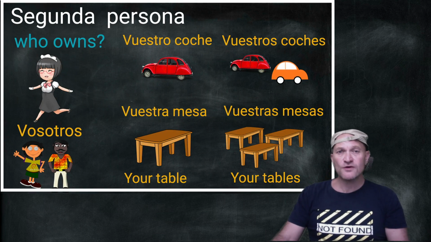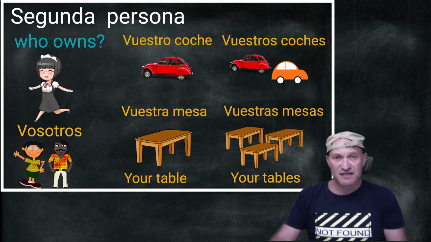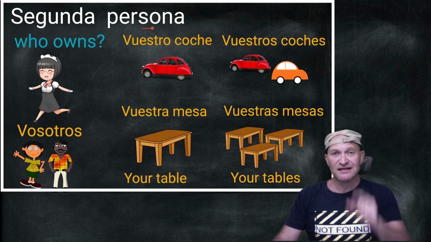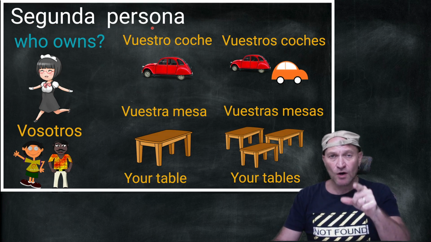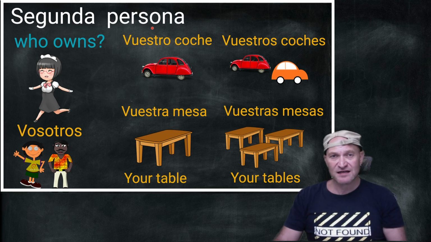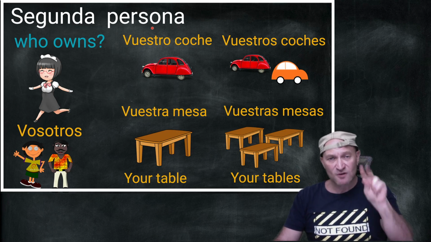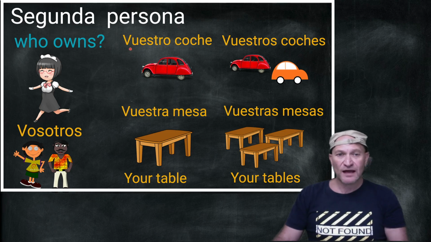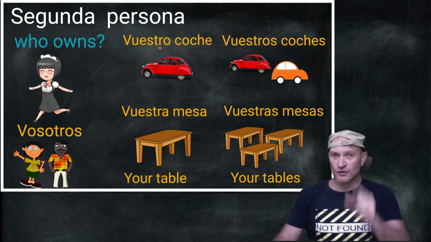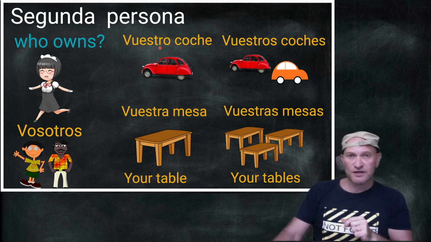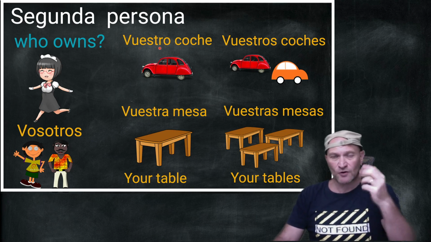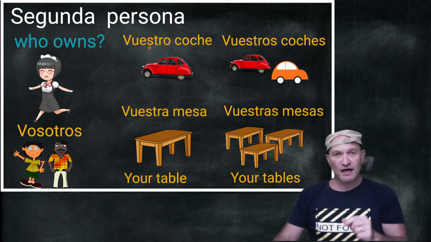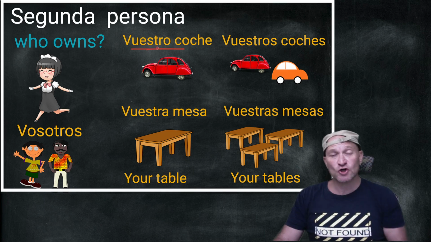And this is what I want you to focus on because it doesn't exist in English. Segunda persona del plural. You all. In English, it's exactly the same, the second person in singular and in plural in the possessive. Your. But in Spanish, we have vuestro, your car. Imagine I'm talking to you and to your wife or your friend and you own the car. So I say your car, vuestro coche.